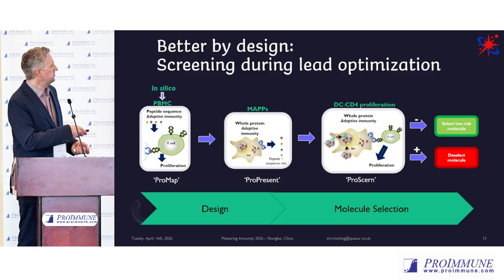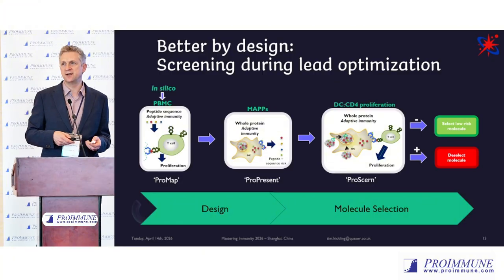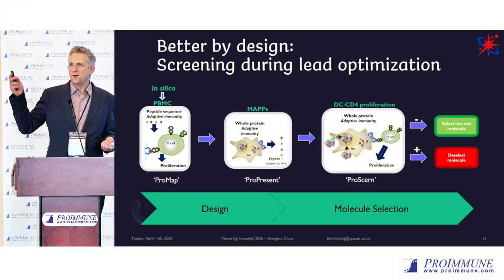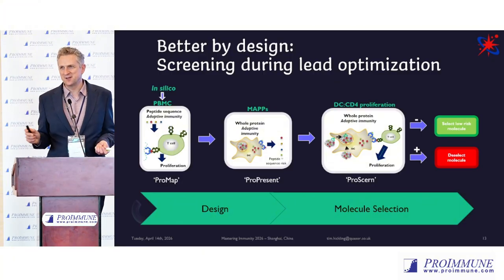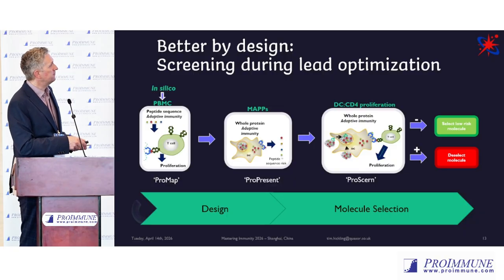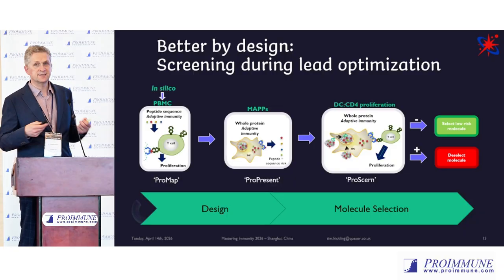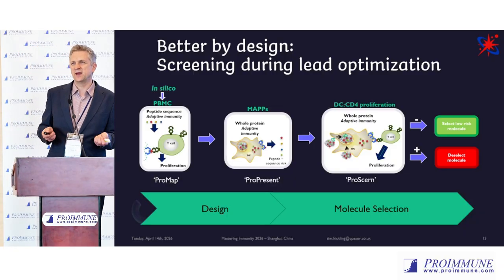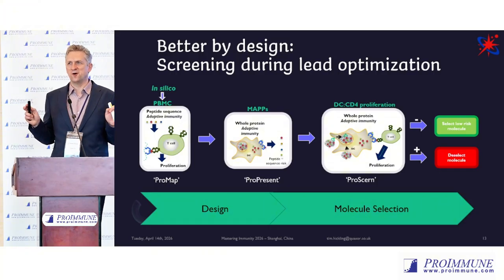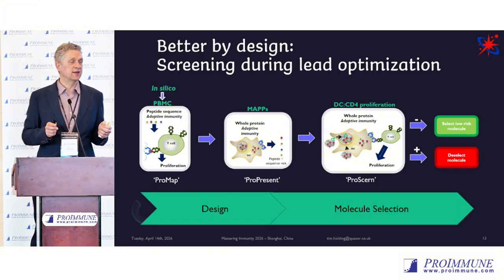Also, this combination is a lot more helpful to engineering teams, where they can say, what was the problem? Let's see if we can do something about it. Sometimes if you only have the whole protein T-cell assay, you're guessing a bit as to what went wrong. Can we go back and do something about that?